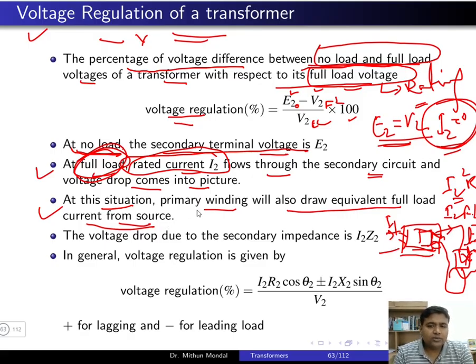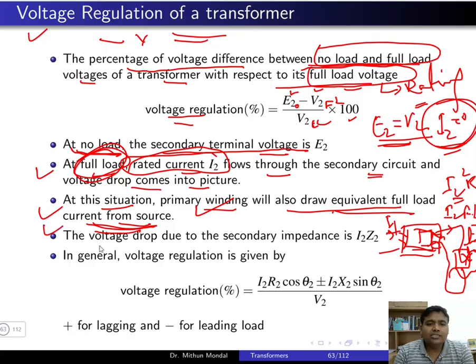So when full load current is flowing in the secondary, this is affecting the primary current too. So the primary is drawing the full load current from the source.